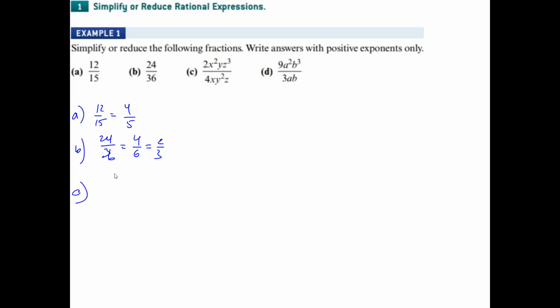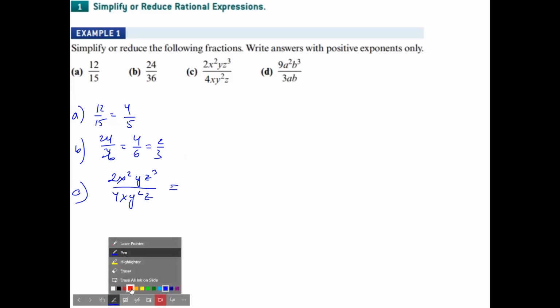So C, 2x squared yz cubed over 4x y squared z. In this case, let's first work with the numbers. Let me take my red pen. So what is it? 1 and 2. Now for the x's, here I have x squared, here I have x, so I have x left here.